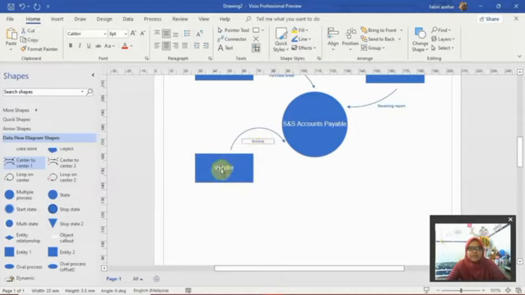That means the vendor sends the invoice to accounts payable, and accounts payable collects, records and files that invoice in the vendor invoice files.